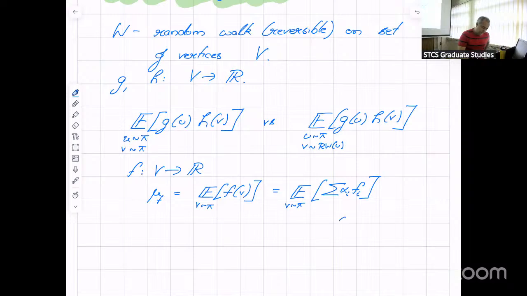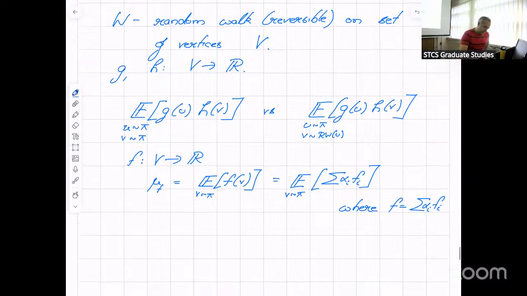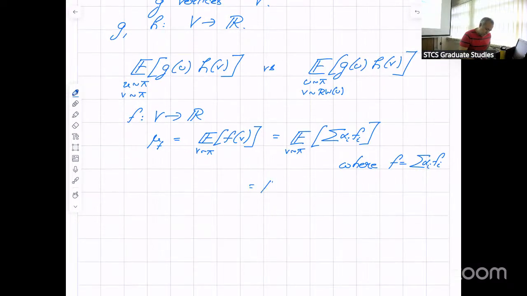Where f is written as the summation of alpha_i f_i, it will be the summation of alpha_i times the expected value of f_i, by linearity. It's the summation over i of alpha_i times the expected value of f_i(v) with v from pi.